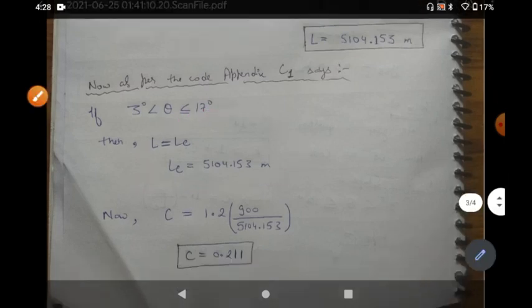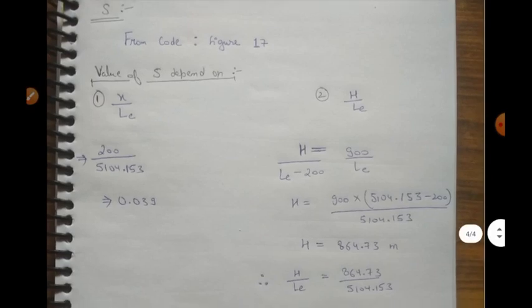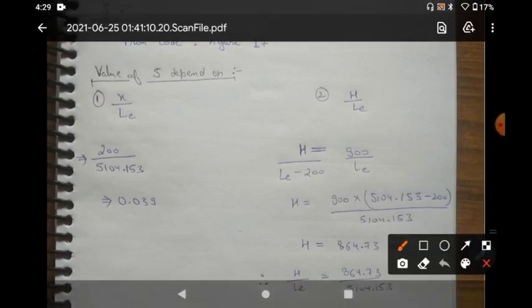Okay, so now putting all these values in this formula, we would be able to find the ratio of X by LE. So now moving toward our second condition, that is the value of H by LE.